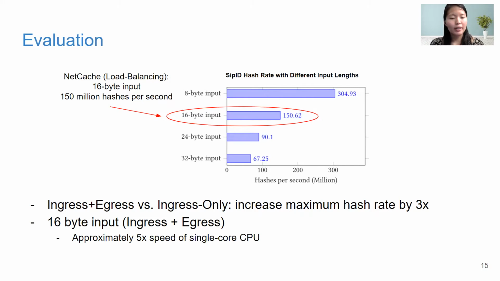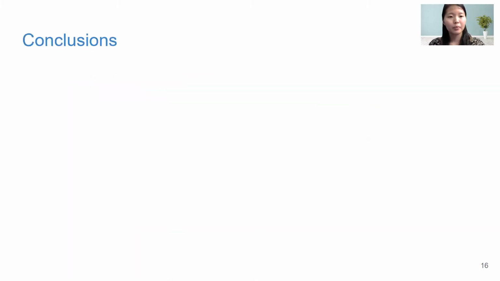Another thing I'd like to note is that all these results are for a default 100 gigabits per second reserved recirculation throughput per pipeline. But if you would like to increase this and get a higher hashing rate, you could reduce your forwarding throughput and increase your recirculation throughput, making this trade-off as aggressive as you need. And this might be desirable for applications that require faster data plane hashing.